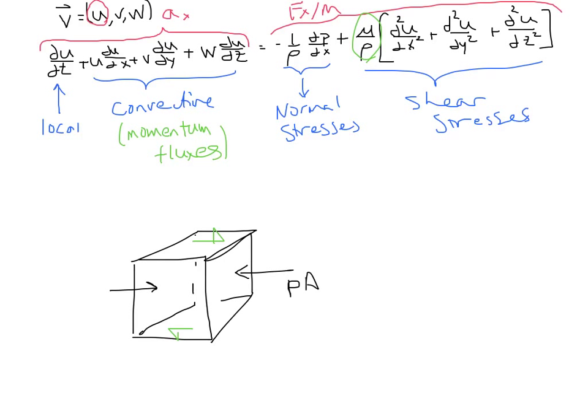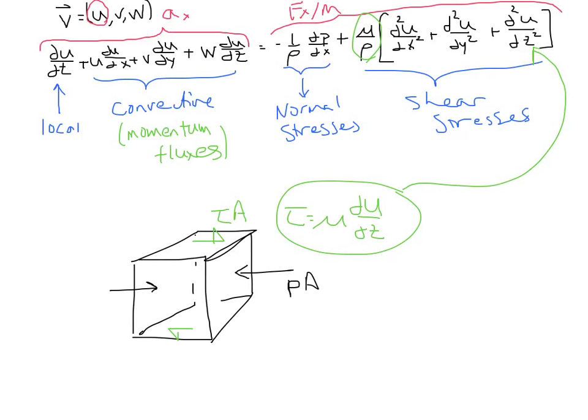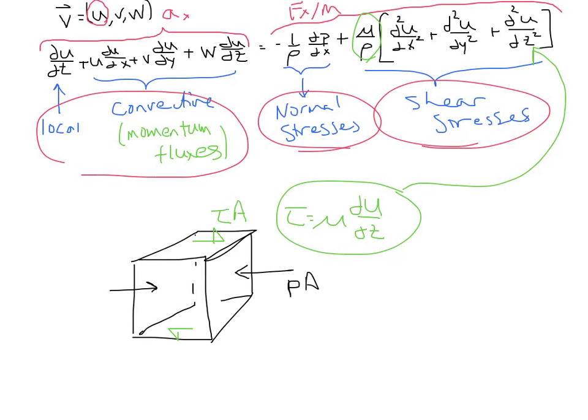And so we'd have the shear stresses tau times area, where tau is equal to mu du dz. That's what then becomes each of these three terms. This is just in the z direction, so that becomes the last term. The front and the back becomes the center term, and the left and the right becomes the first. So in the end, all the Navier-Stokes momentum equations represent is F equals ma, where we've done this full accounting for normal stresses, shear stresses, and then the accelerations on the left.